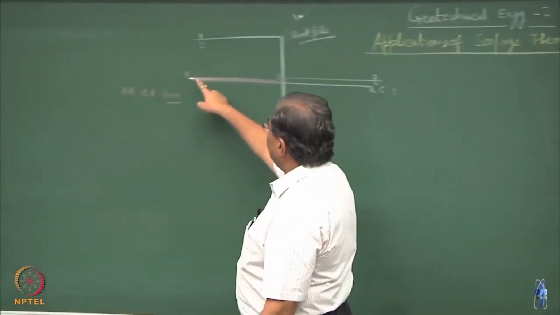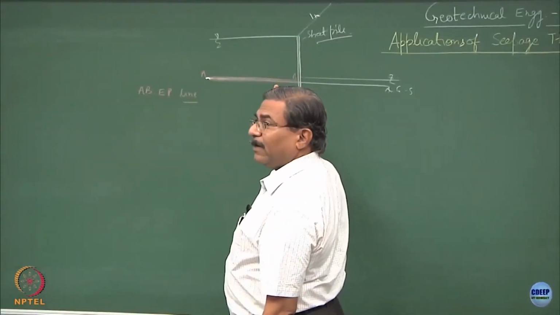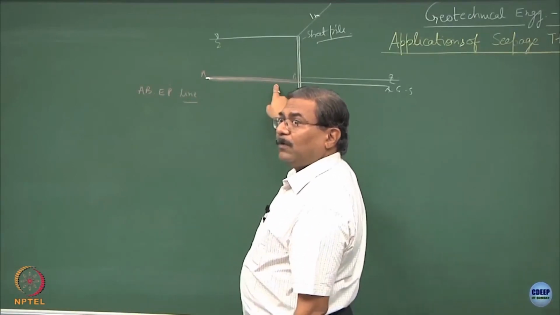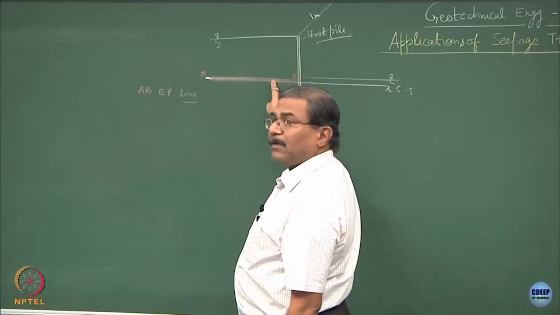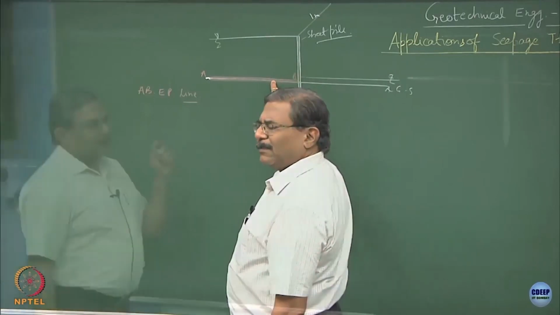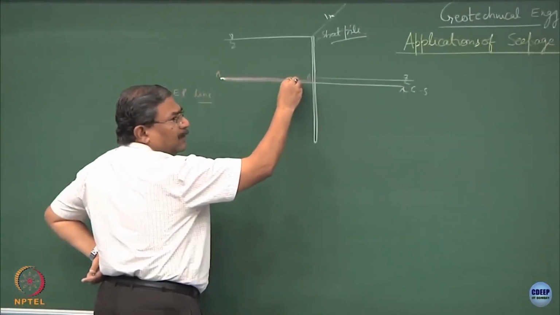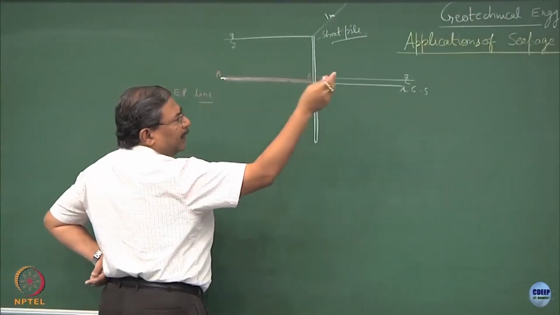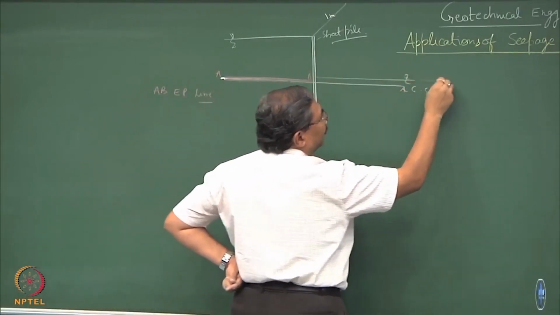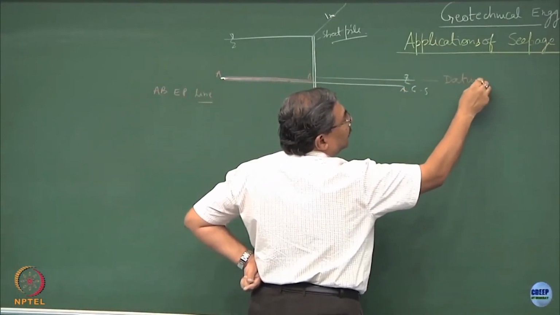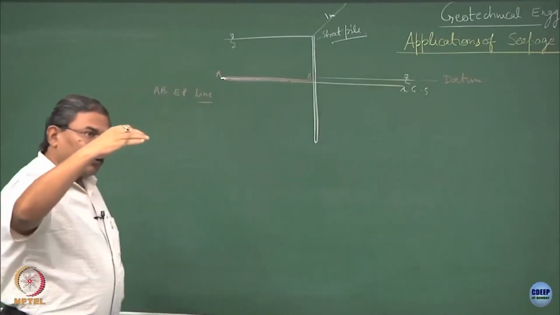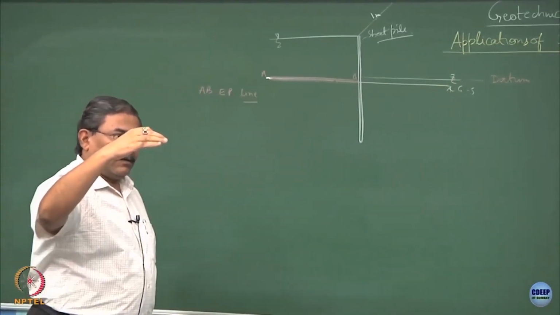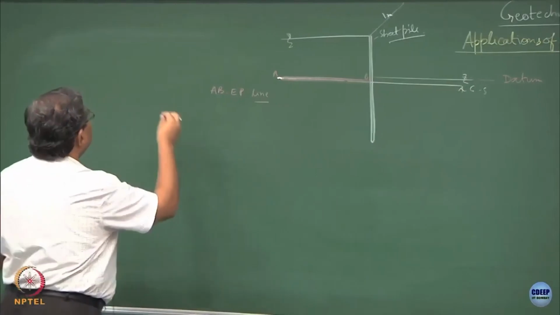At each of these points, what is the total head? The height of the water column, clear? So, to put it in simple concepts, your datum could be somewhere. Normally what we do is we fix the datum over here, at the bottommost part of the seepage system.